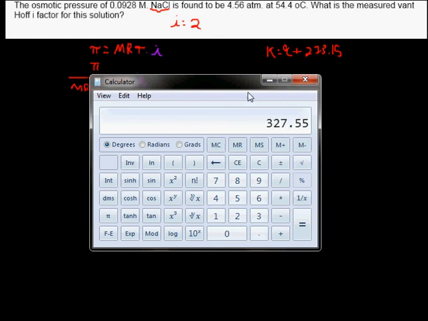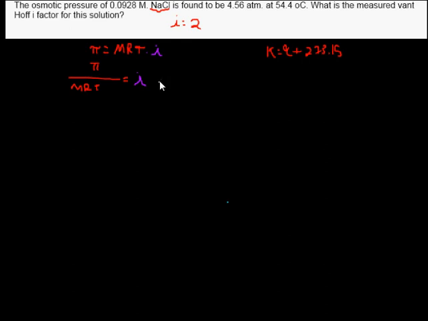So we have 327.55 K. Okay. Alright, so concentration is 0.0928, and remember the answer needs to be in 3 sig figs because everything is in 3 sig figs. This is what we're predicting. Alright, so osmotic pressure is 4.56.